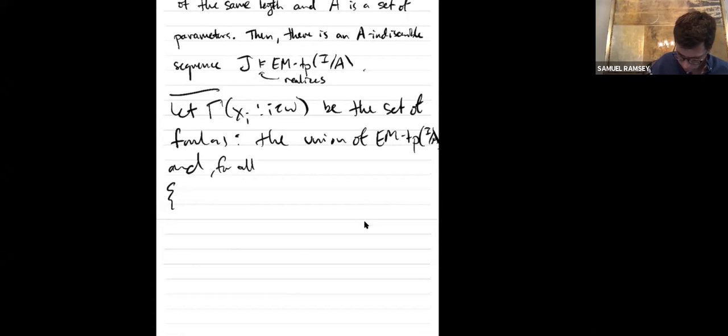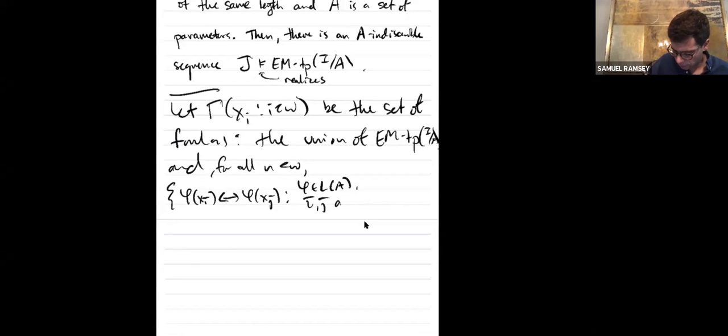For all n, I just say phi(x_I bar) if and only if phi(x_J bar), where phi ranges over all L_A formulas, and I bar and J bar are increasing n-tuples from omega.